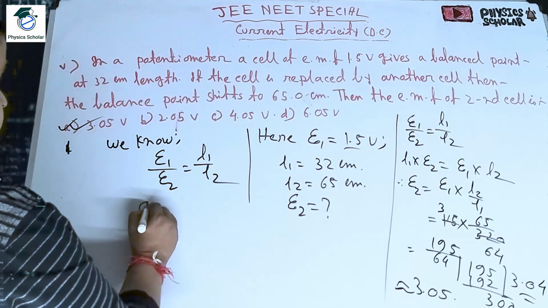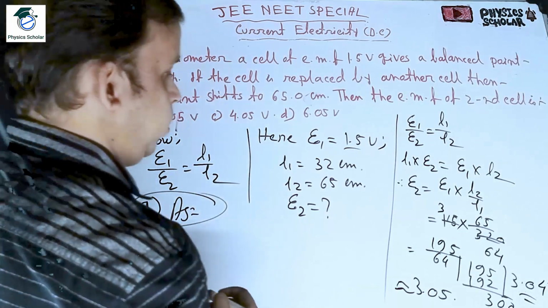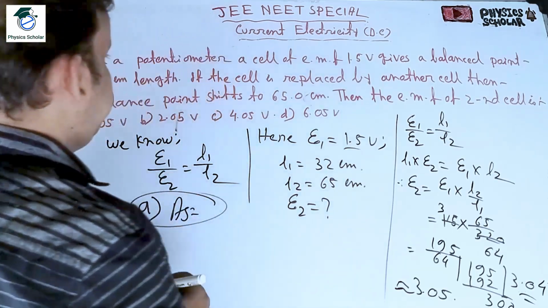So option number A will be the correct option. Okay, 3.05. Clear? So that will be the correct option.